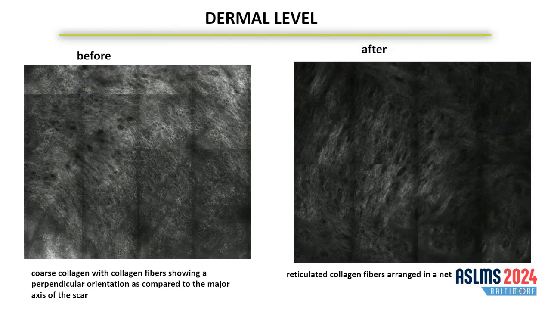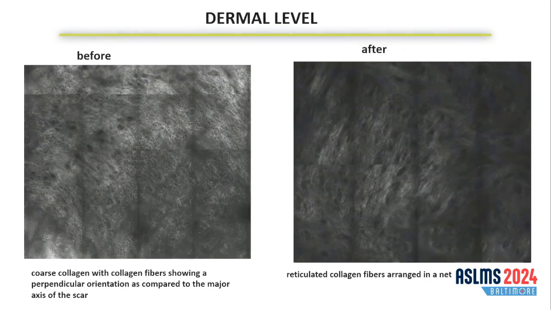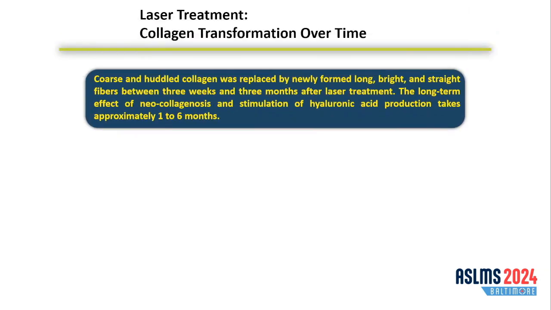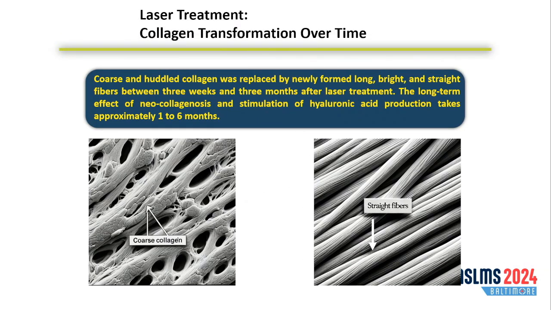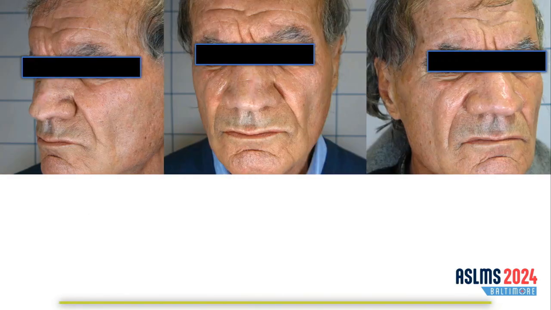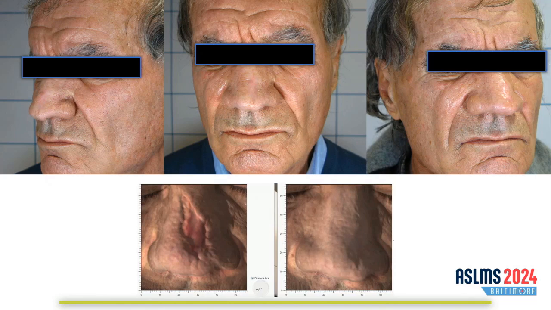But here, after a CO2 laser, you're getting reestablishment of these organized, reticulated collagen fibers arranged in a more symmetrical and structured way. And so over time, we're really changing the architecture of the dermis with our lasers. And you could see it's really improved.